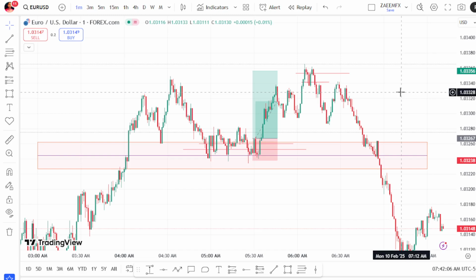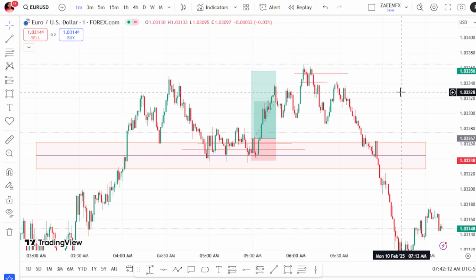If the algorithm does this, then I'm not interested. I think this is very important in trading: if this has occurred, then maybe we are not interested, and we are just waiting for the next line of action.